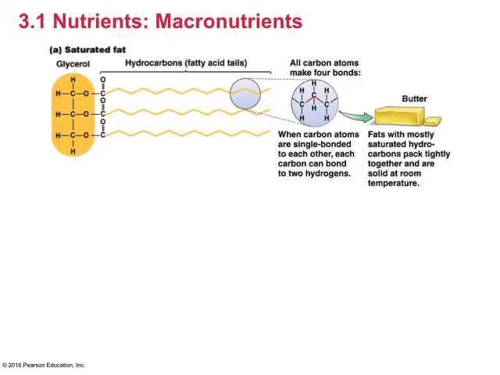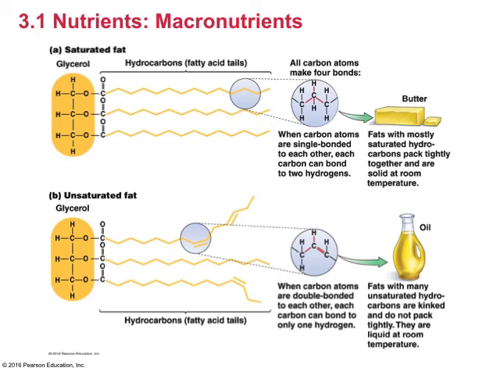This makes the fatty acid tail stiff, and it makes all the fat molecules able to pack together really tight, which is why saturated fats are solid. So when you think of saturated fats, think of butter, bacon fat, most animal fats are going to be saturated fats.